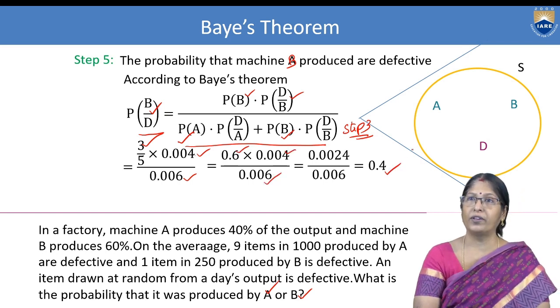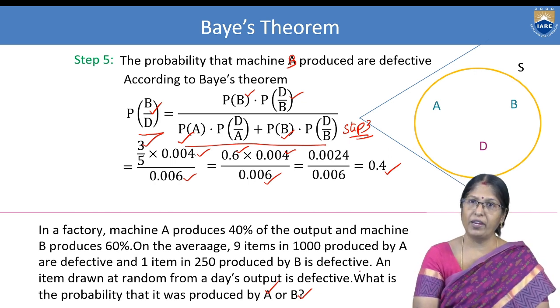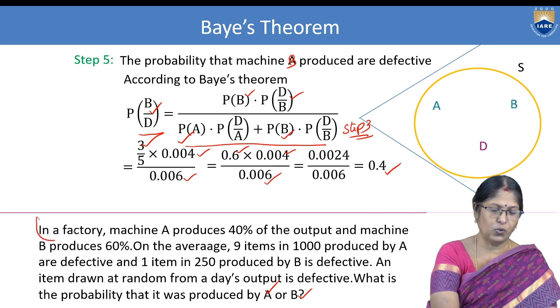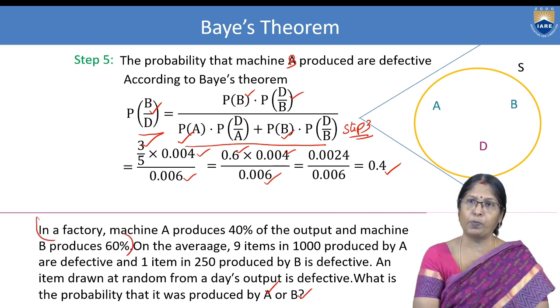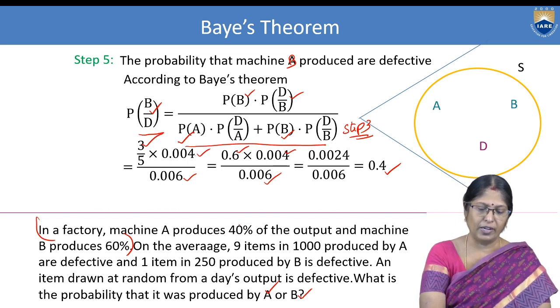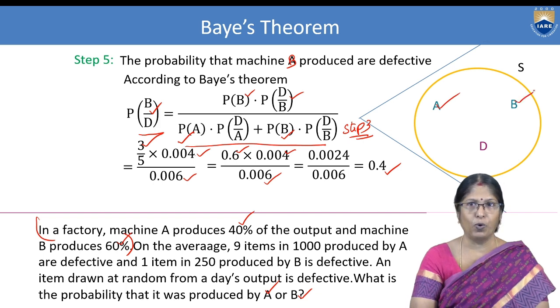We calculated and we got 0.4. So, we completed. In step 1, our main events in this particular problem are machine A and machine B, that is, machine A is 40%, machine B is 60%. We completed that. This is our step 1.